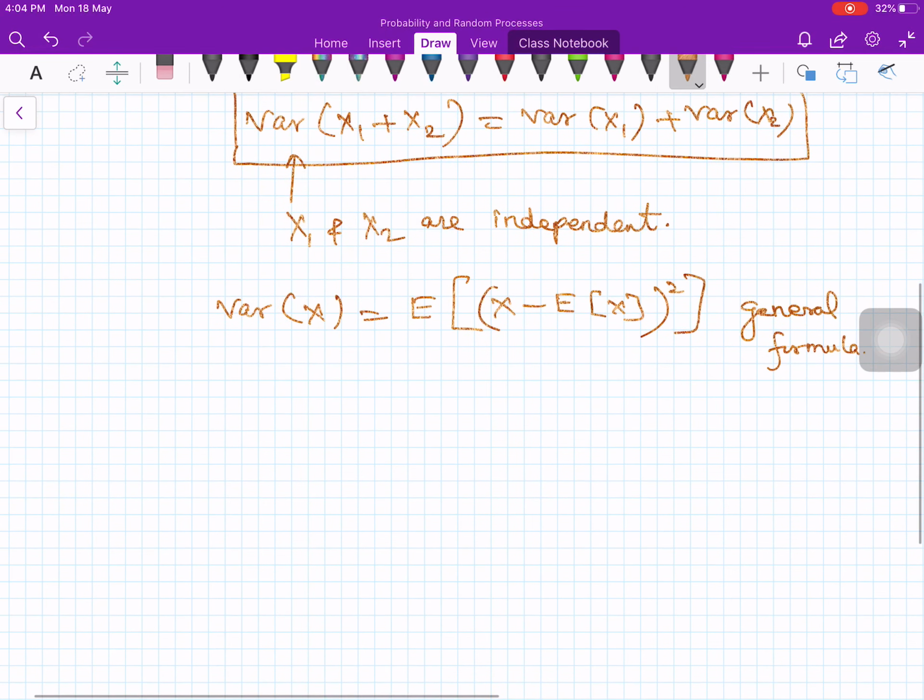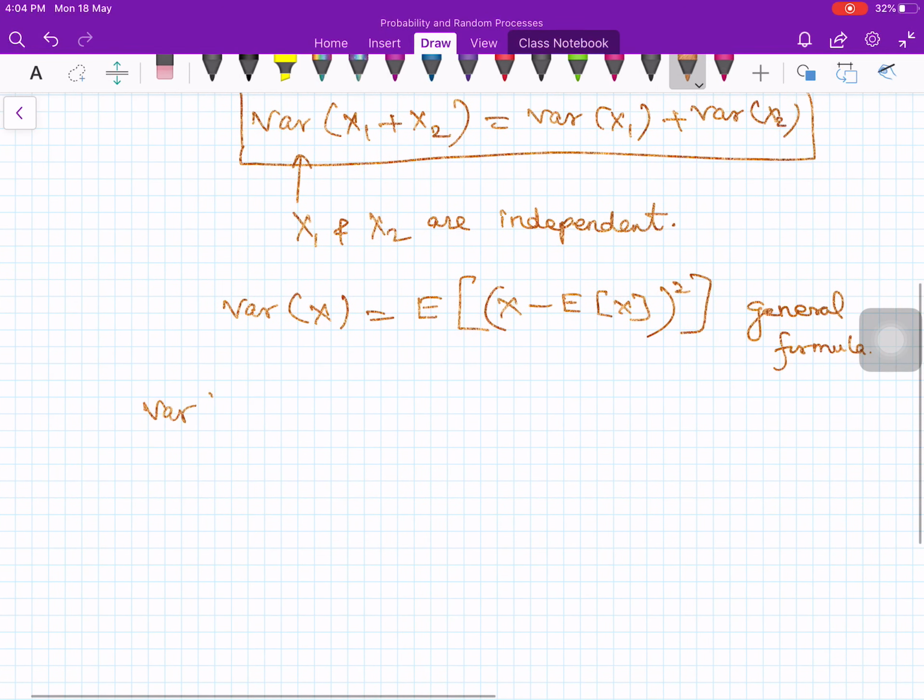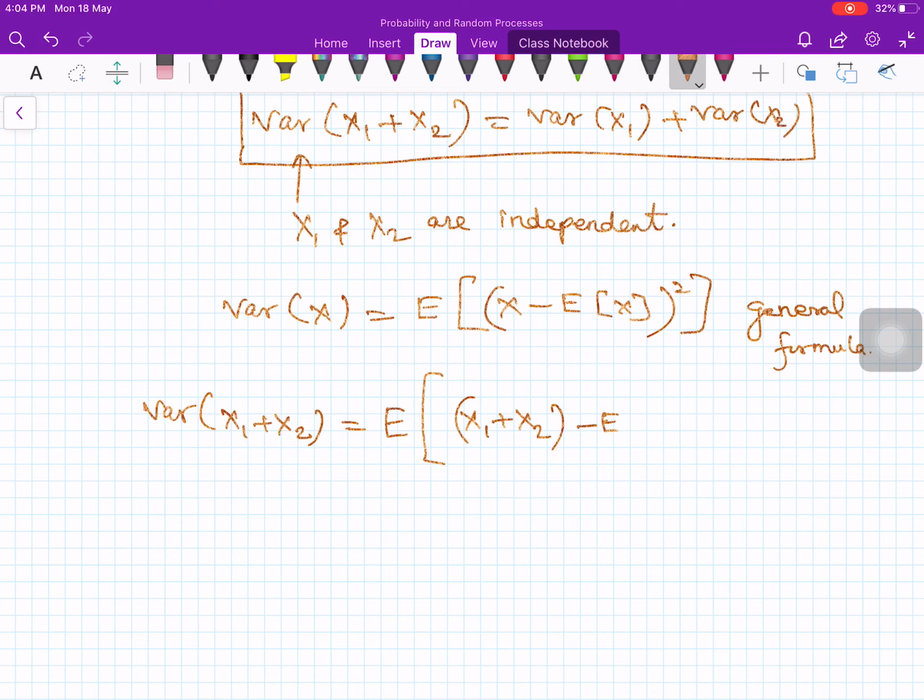And then variance of x1 plus x2 is, in the same way, the expectation of x1 plus x2 minus expected value of x1 plus x2, and take the whole square of this.